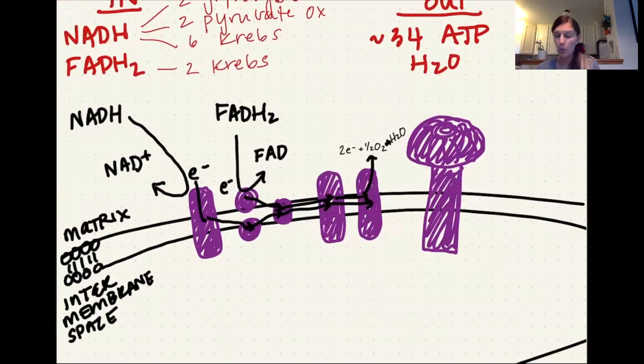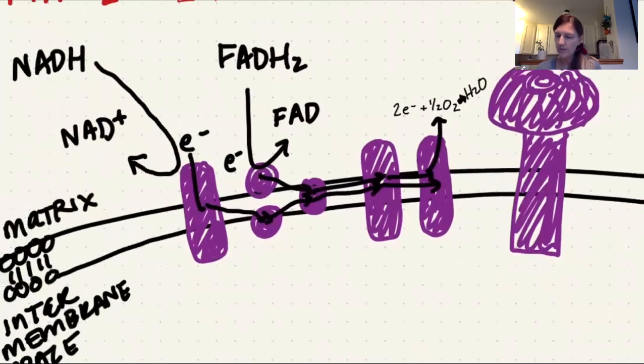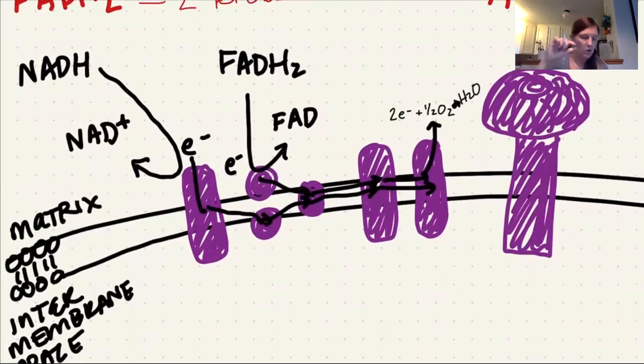So something really cool happens in this electron transport chain. What we're going to see is that as these electrons get moved from one protein in the electron transport chain to another, H's get pumped into the intermembrane space.